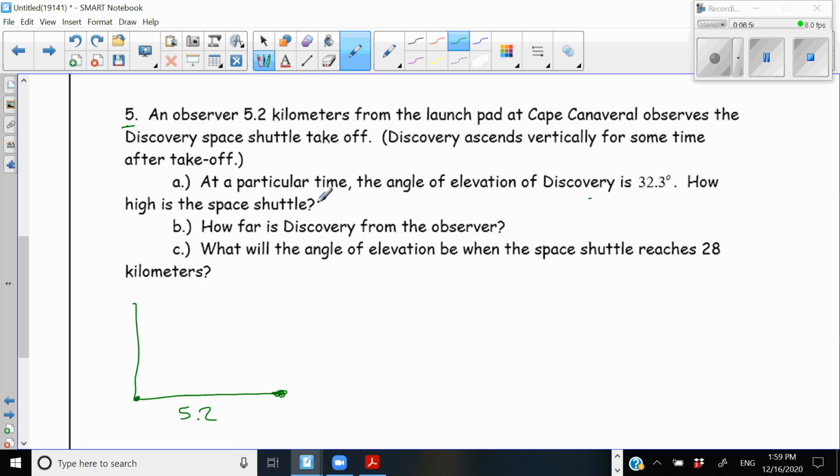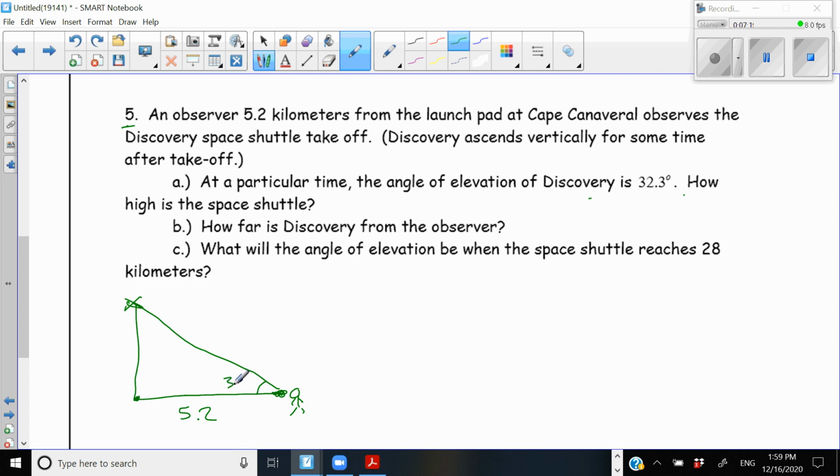At some particular time, the angle of elevation is 32.3. What does that mean? That means if that person is standing here, he needs to raise his head by an angle of 32.3 to see the Discovery shuttle here. So here's my triangle.